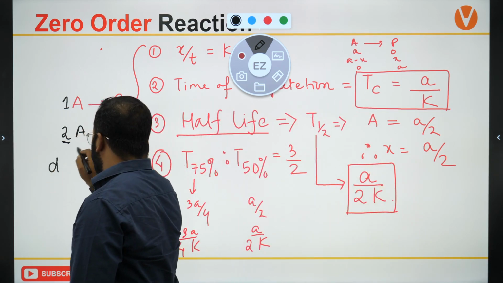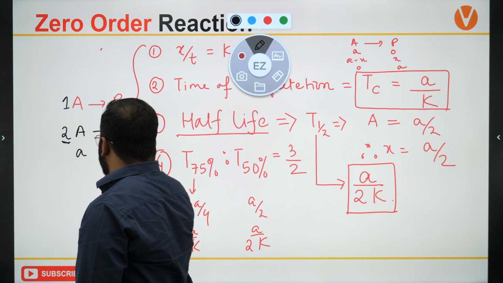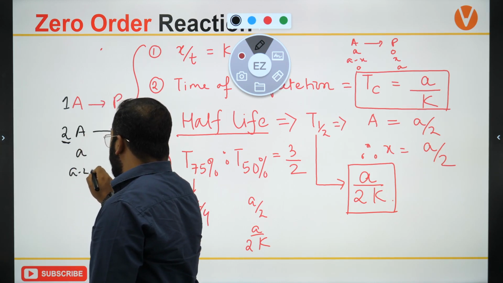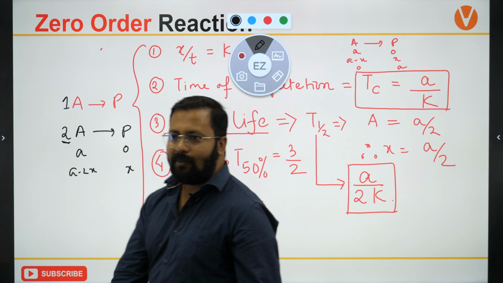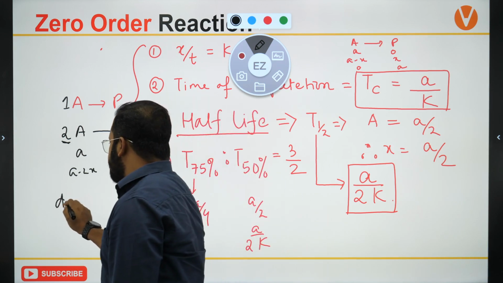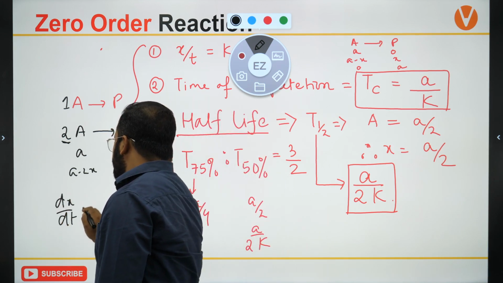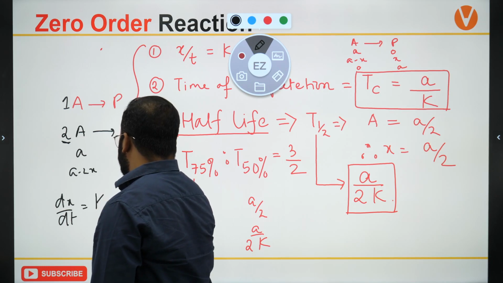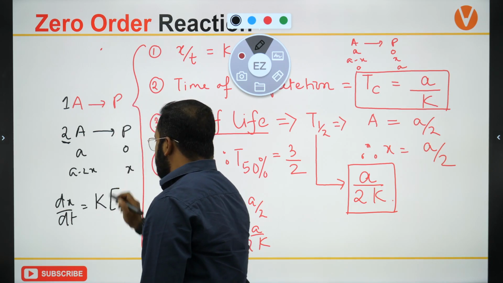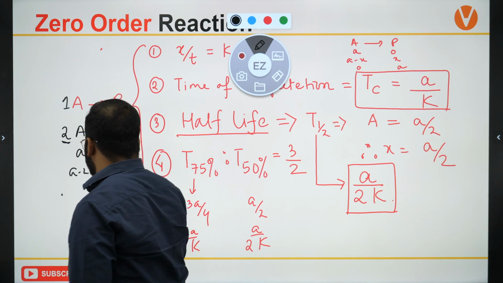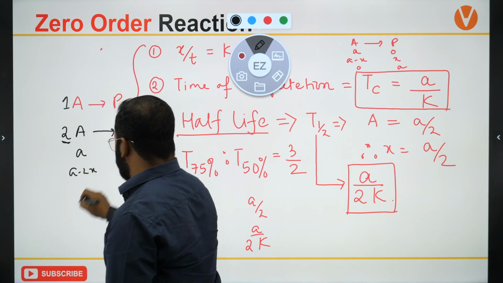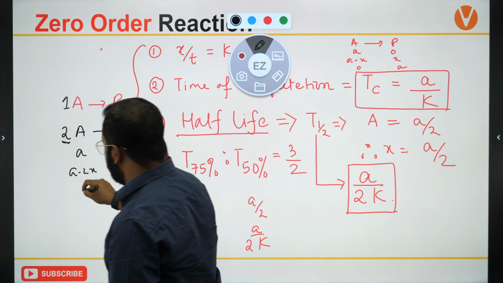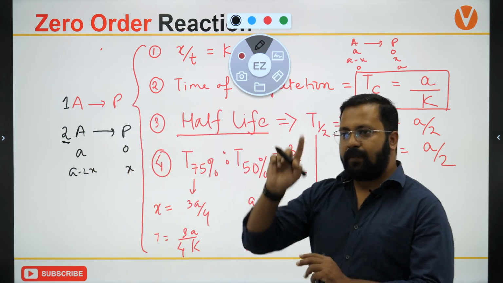You will write A0, A minus 2x, this will be x. Okay, you will write this as dx upon dt is equal to k a minus 2x to the power n.